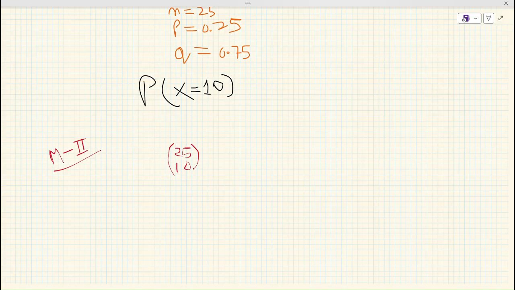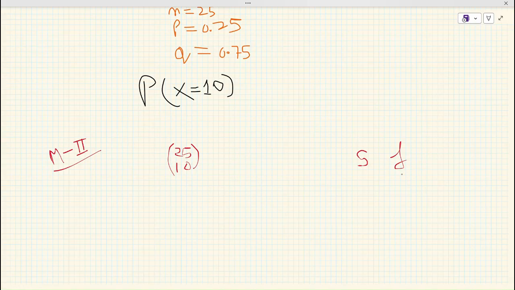Now say S is the event of getting a question correct and F is the event of getting it incorrect.